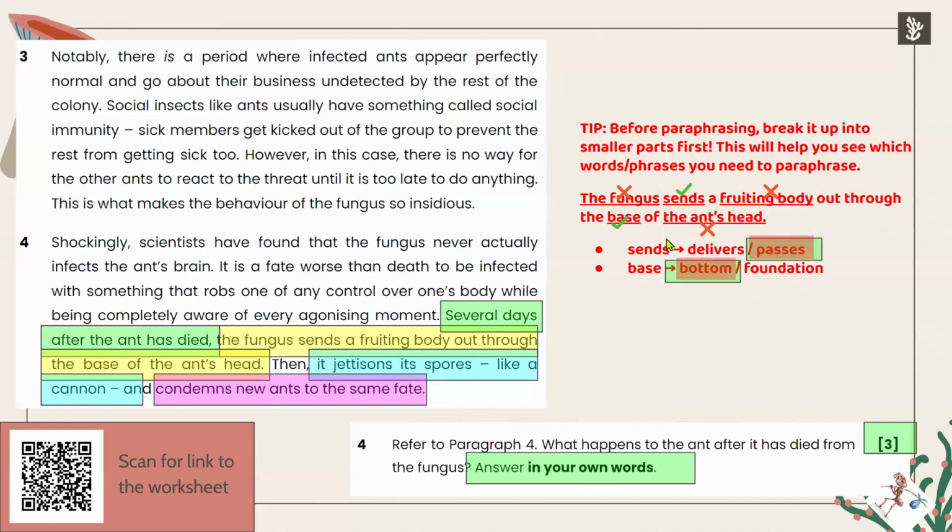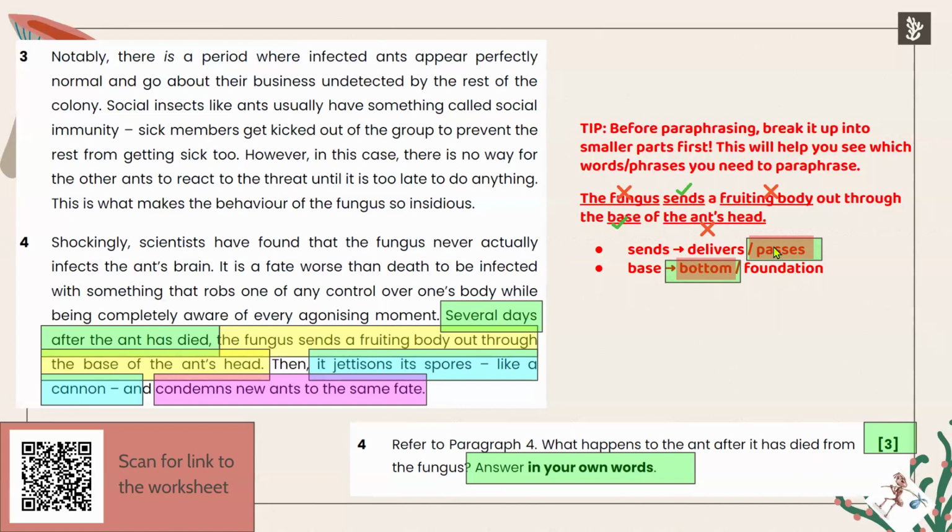I send a letter, I deliver a letter. I sent a message, I delivered a message. But you notice in this context, it doesn't sound so natural. Passes sounds better. Same with base and foundation. The base of a building, the foundation of a building, same meaning, but in this context, we're not talking about buildings, we're talking about an ant's head, so it is not the best word to paraphrase.